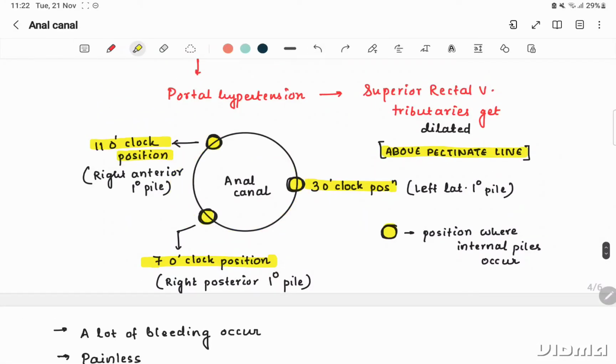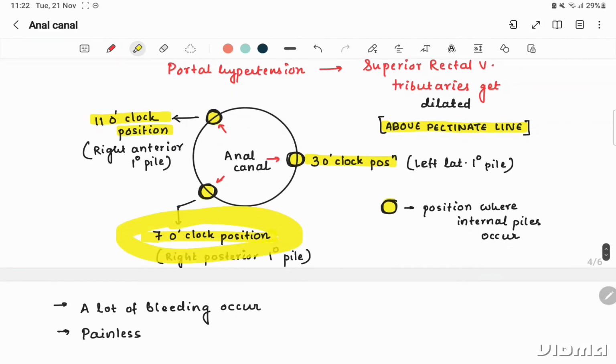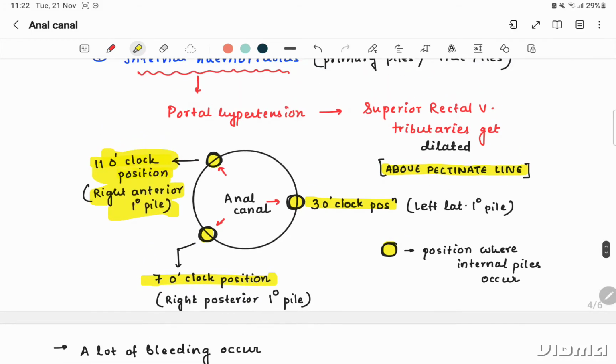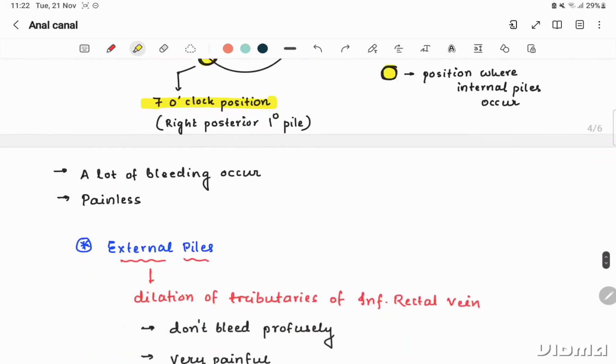Talking about the positions where internal piles can occur: this is the anal canal in transverse section. Just imagine it like a clock. We have 3, 7 and 11 o'clock. 3 o'clock is the left lateral primary pile, 7 o'clock is the right posterior primary pile, and 11 o'clock is the right anterior primary pile.